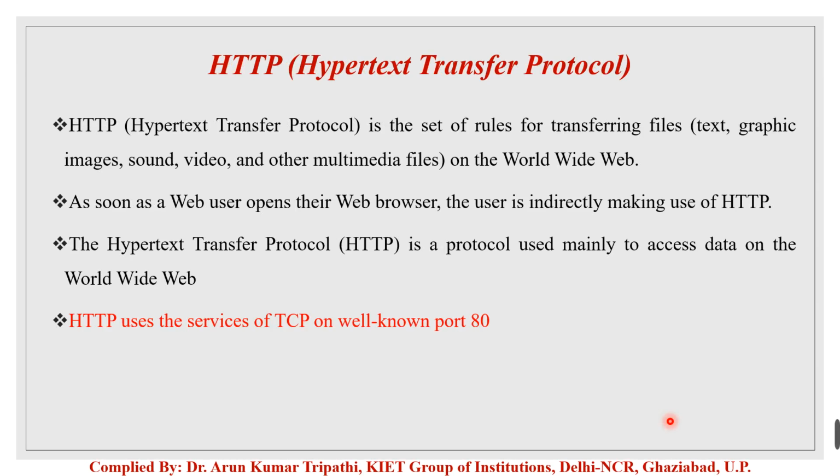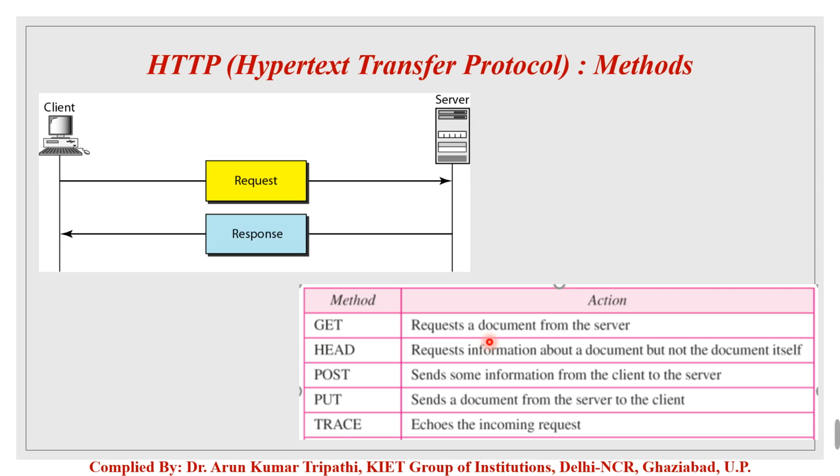Now HTTP, as we have discussed, is the hypertext transfer protocol. It is used for text, graphics, image, sound, and other multimedia. It runs on port number 80, and it uses some methods like GET, POST, PUT, TRACE, etc. Here the client will request the server and the server will respond back.